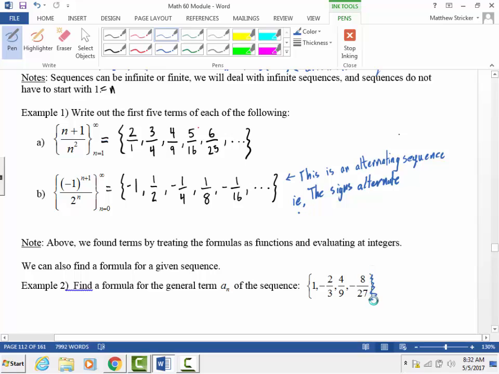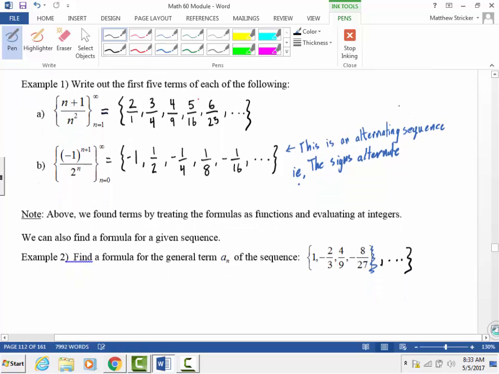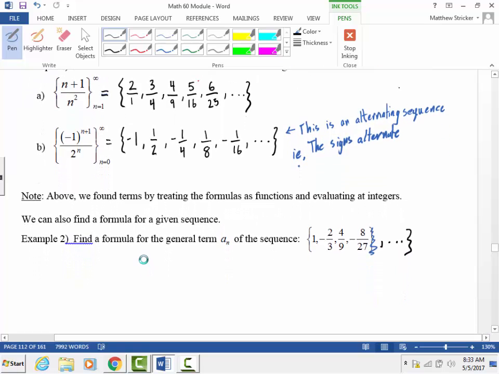I would like to think of this as an infinite sequence as well. So, dot, dot, dot. It's an infinite sequence. So, what is our formula that we can put in brackets there?